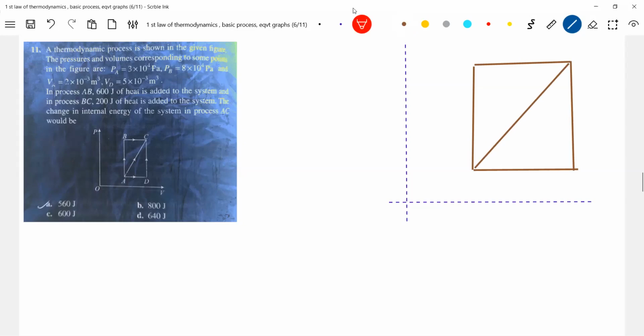Okay, let's begin now. This is A, B, C. So this is one path. AC is another path. ADC is another path.